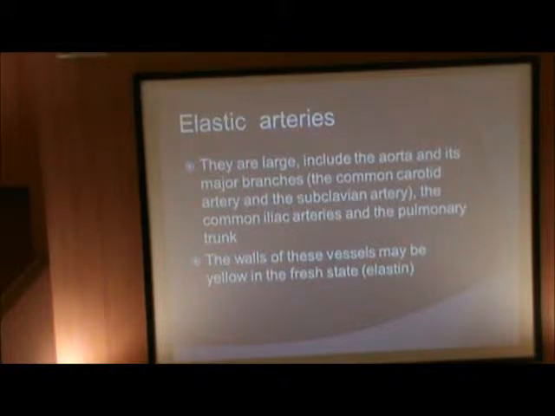Elastic arteries, they are large arteries, for example, aorta and its major branches, and the wall of elastic arteries in fresh state is very often yellow because the wall contains large amounts of elastin.